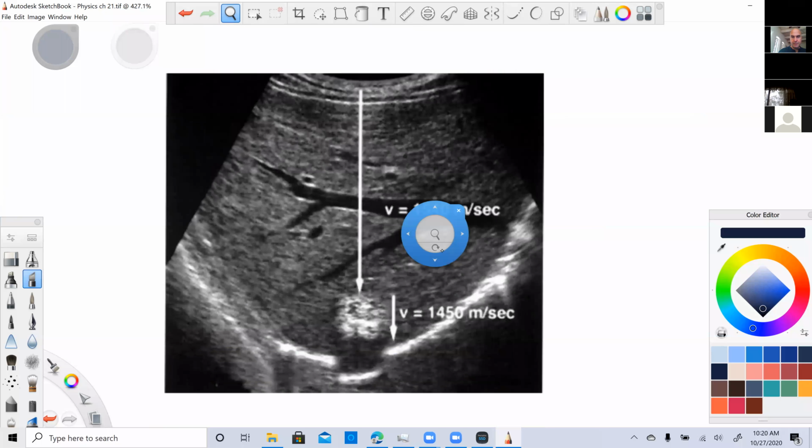And here we have that once again. The liver, for the most part, is 1540 meters per second, like it's supposed to be. The fat was 1540 meters per second. And now this line, which should have been continuous, is broken.